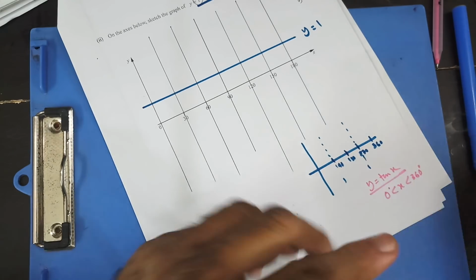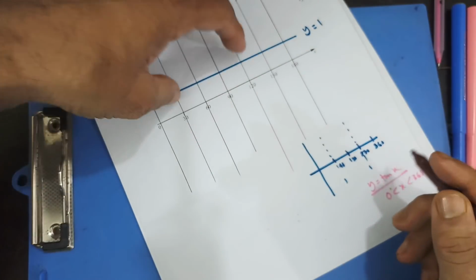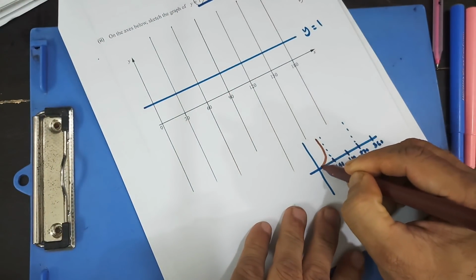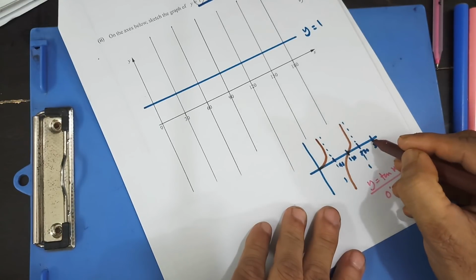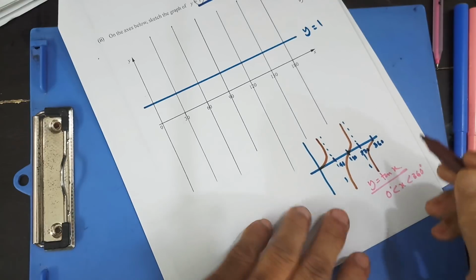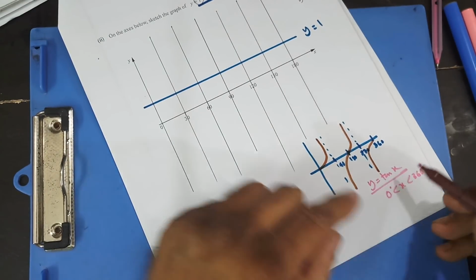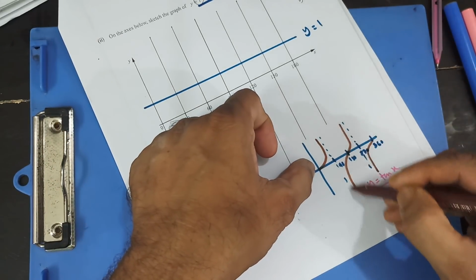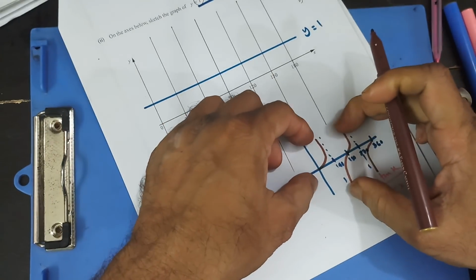This is just a recap. If I sketch it from here, you will understand what I'm doing. The tan graph is going like this, and then it goes something like that. Over here, the period is not 360 degrees but 180 degrees. The reason is, look at this, between 0 and 360 degrees I have 2 complete cycles. If you bring this one over here and add that, it is going to be another complete cycle.